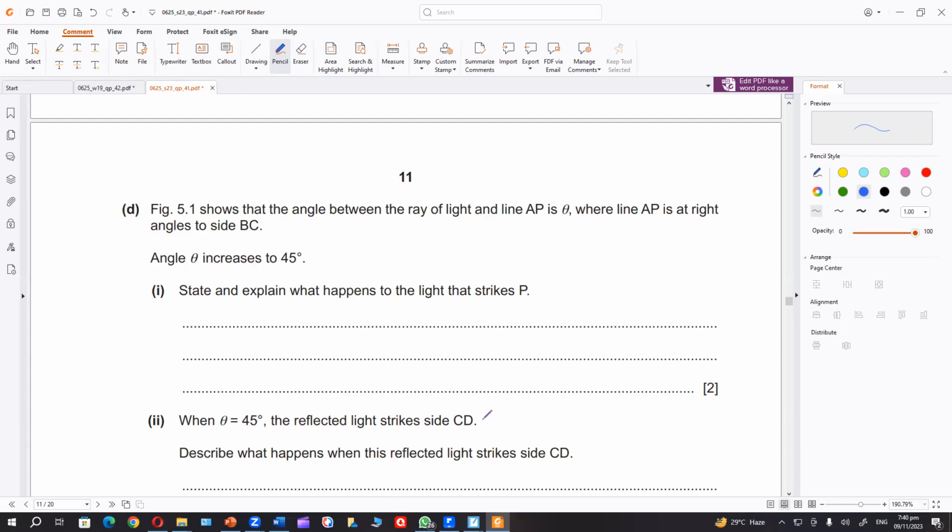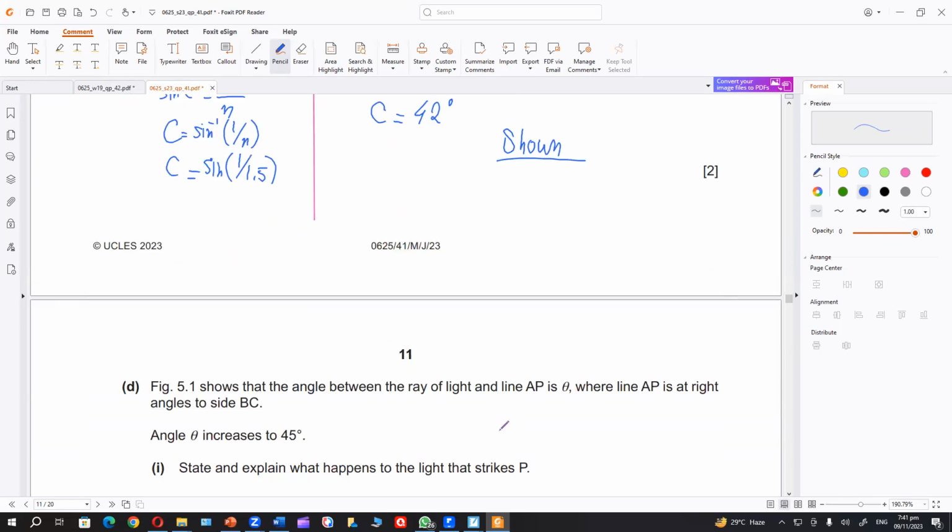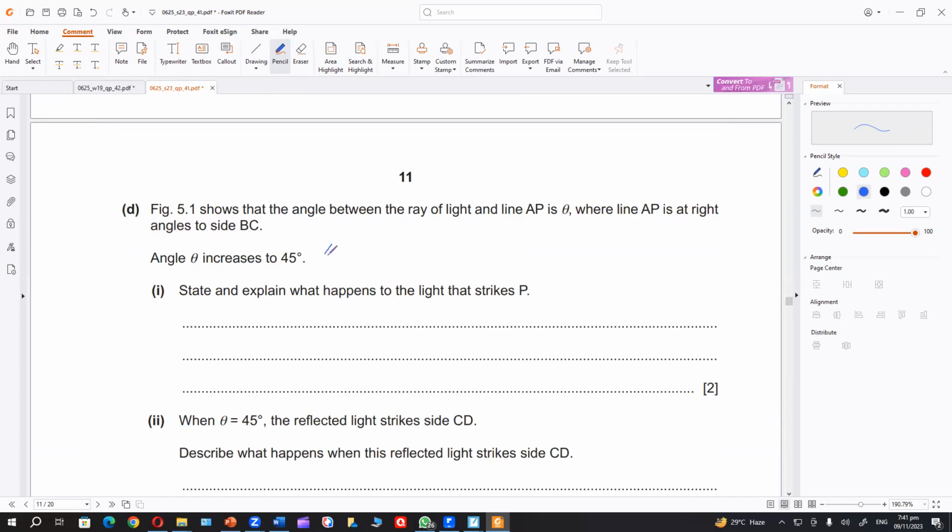What is the critical angle we just have shown? 42. And how much angle is now here? Over here is 45. So does this angle exceed the critical angle? Yes, 45 degree is greater than 42.